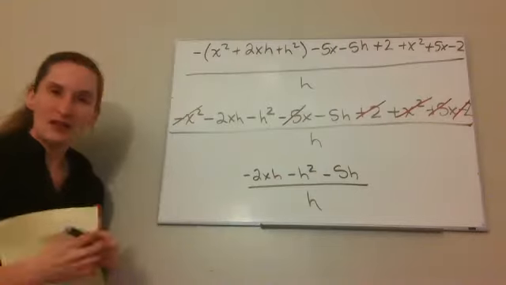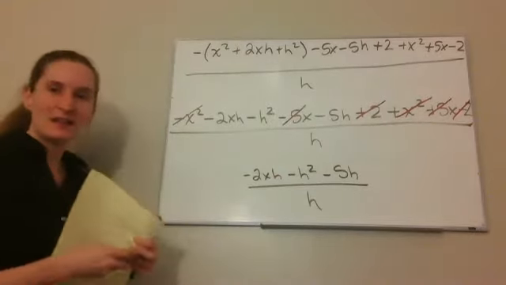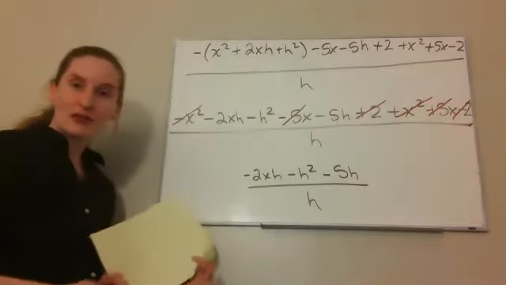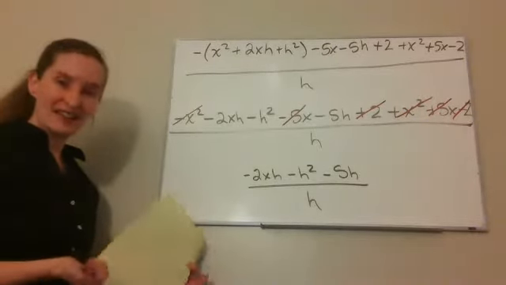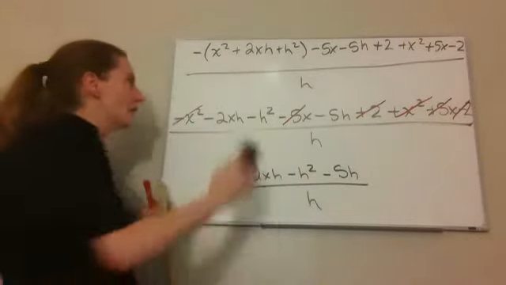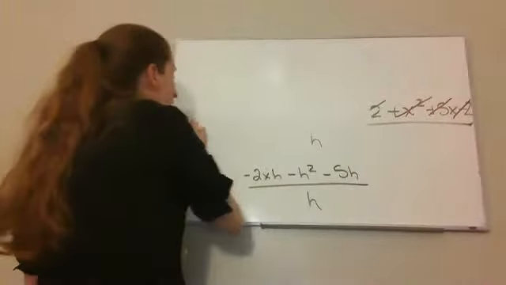And so now I look and see, is there any way that I can cancel this h in the denominator? Is there an h I can factor out of the numerator? And there is. All of my terms up at the top have an h in common. So let's factor an h out so that we can cancel the common factors.